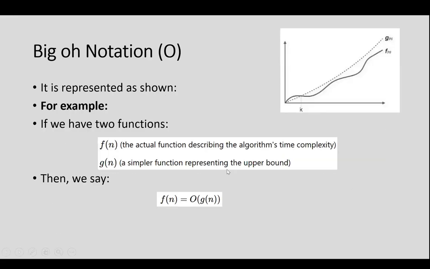Now next we will see how we show the upper bound. Got it? Now this is my actual function, and I am getting an upper bound where, above this bound, my function will never go. This is the most amount of time which will be taken by this particular algorithm.